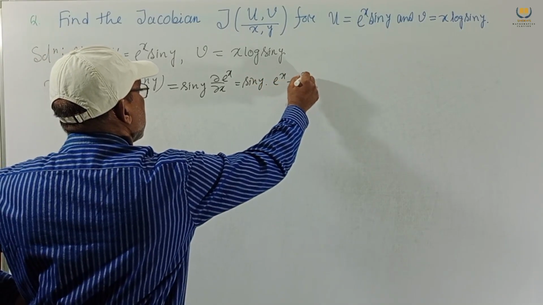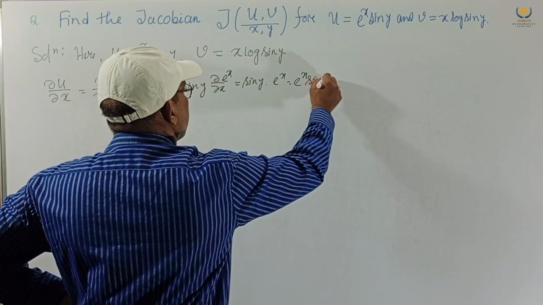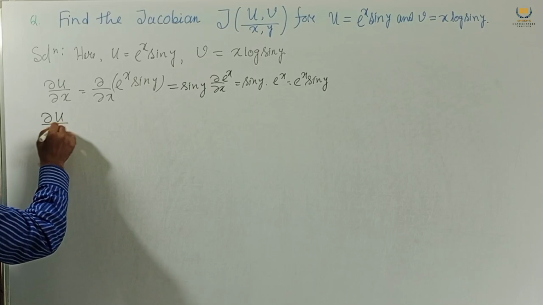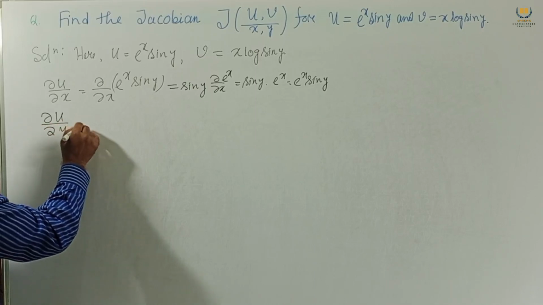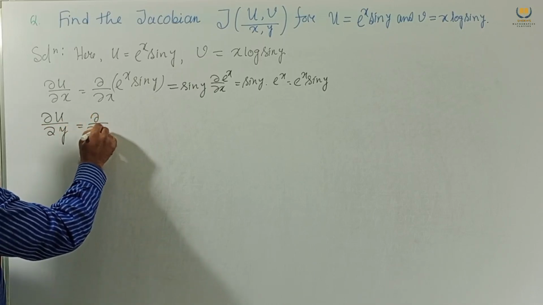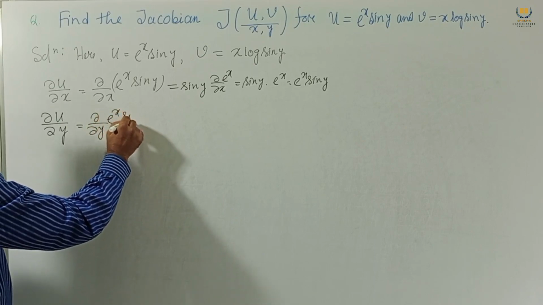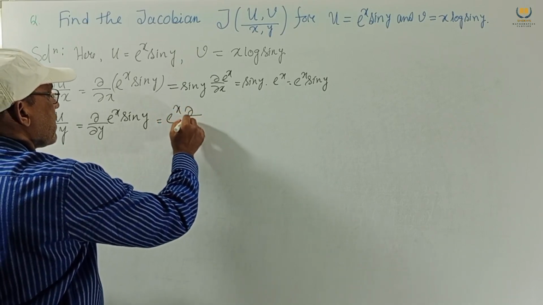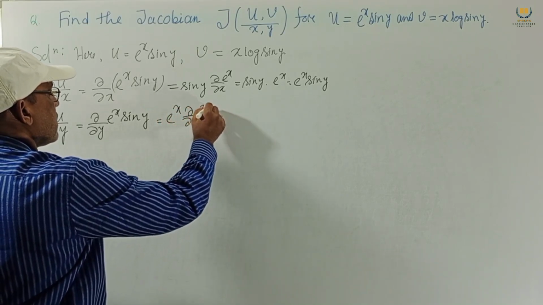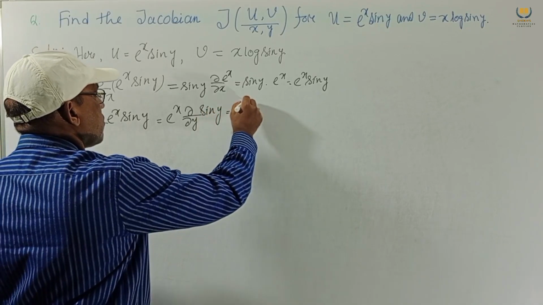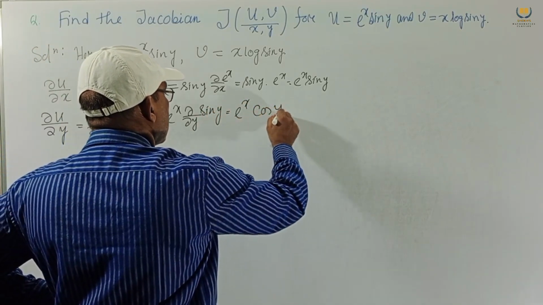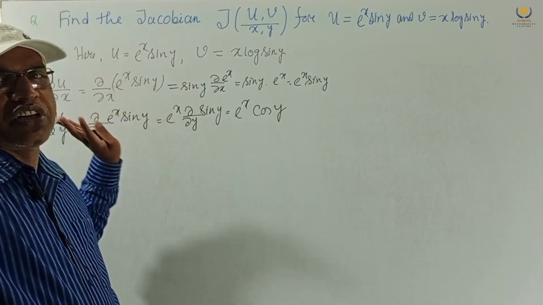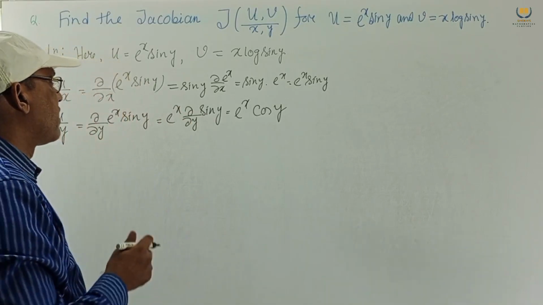So this will be e to the power x sin y we get. Next, ∂u/∂y, that is ∂/∂y of e to the power x sin y. E to the power x is constant, outside ∂/∂y of sin y. E to the power x cos y we get. d/dx of sin means cos. So u is finished.